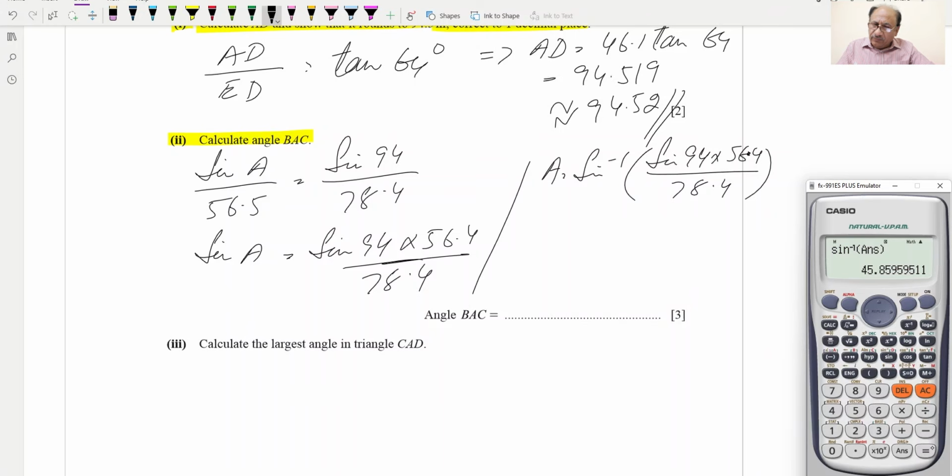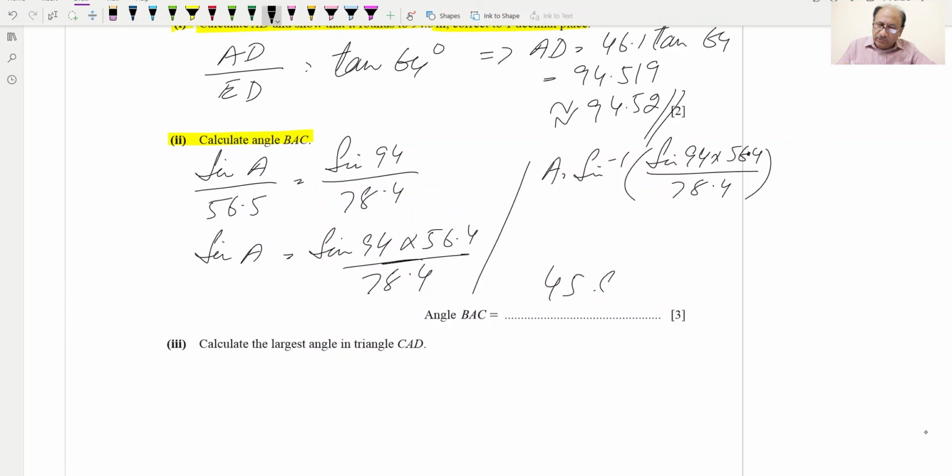This gives us 45.85. We will double check, maybe something is wrong, so we'll take shift sine of the fraction, which is sine of 94 multiplied by 56.4 and divided by 78.4, and this will result in 45.859.